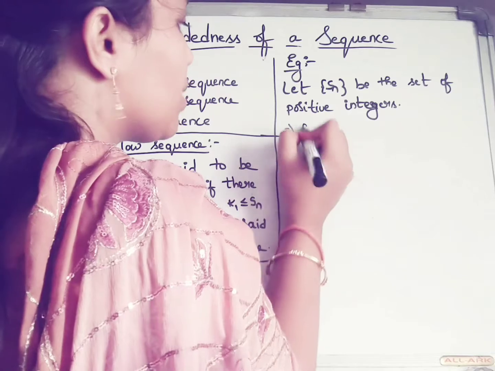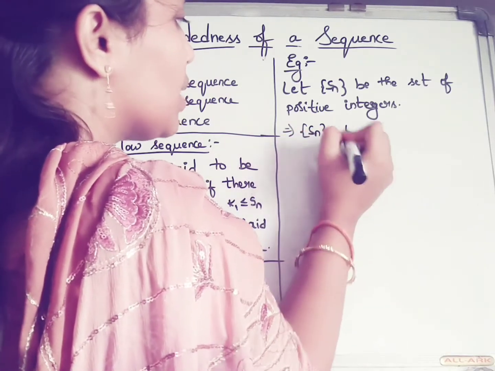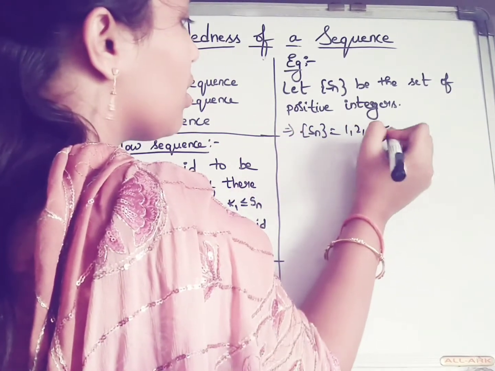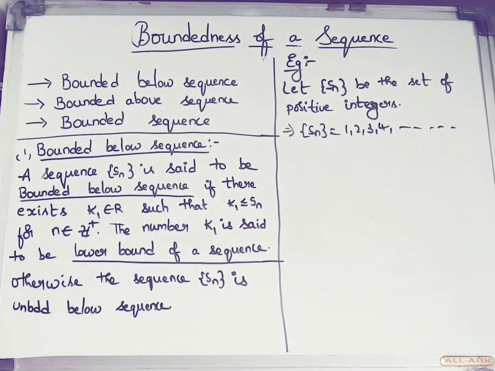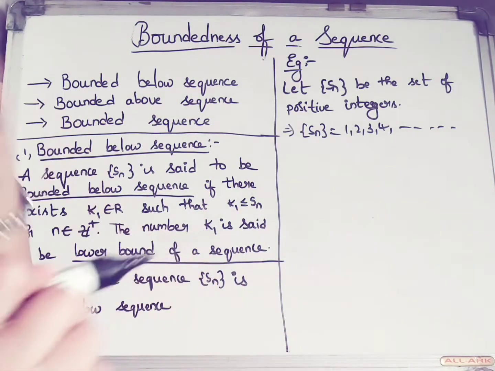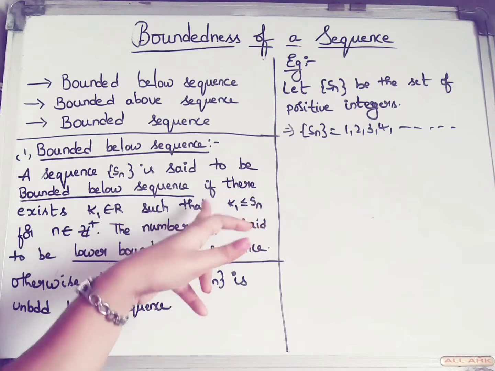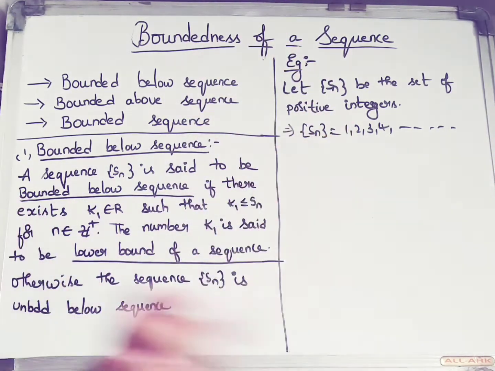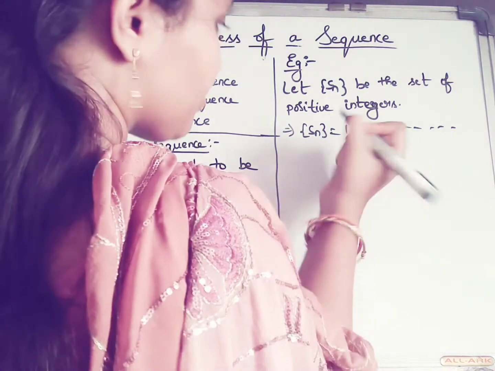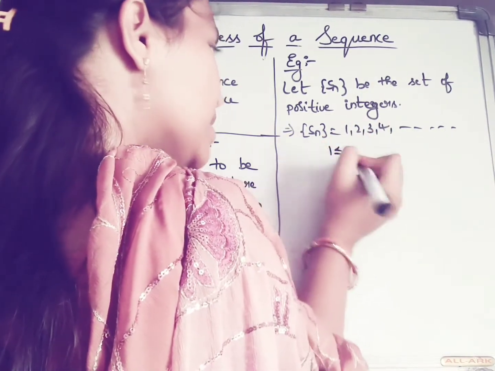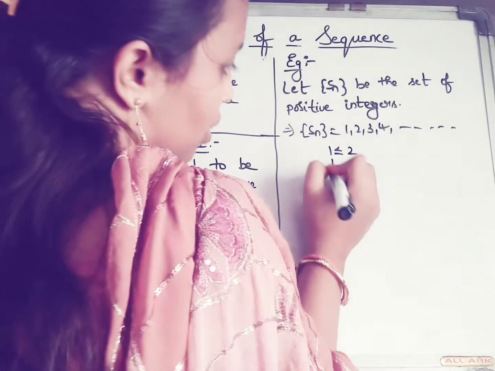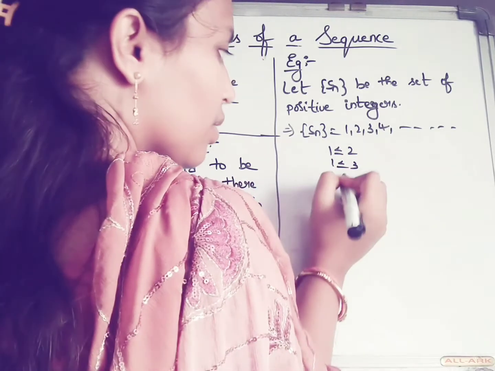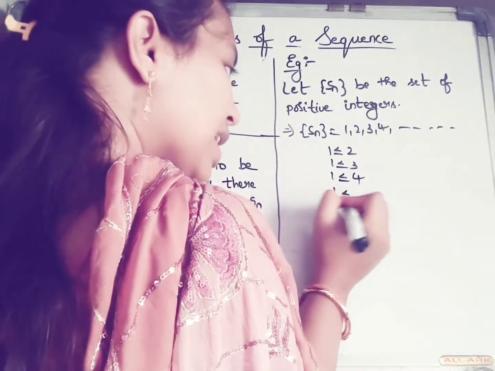So sequence Sn is equal to 1, 2, 3, 4 and so on up to infinity. We need to find a real number that is less than or equal to each and every term in that sequence. So I am considering here: is 1 less than or equal to 2, 1 less than or equal to 3, 1 less than or equal to 4, 1 less than or equal to 5.